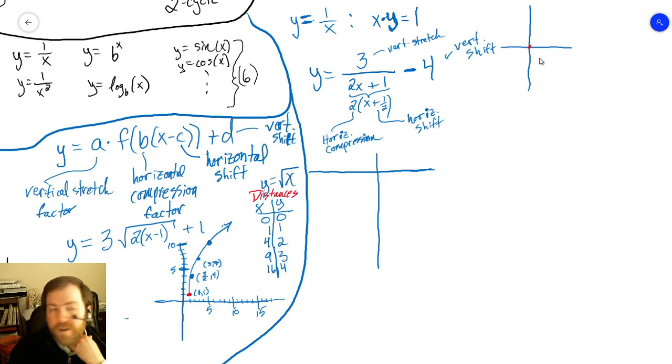However, the function doesn't go through that point. The function goes through 1, 1, 2, a half, 3, a third, 4, 1/4, etc. And then this way it goes to 1/2, 2, 1/3, 3, 1/4, 4, etc.